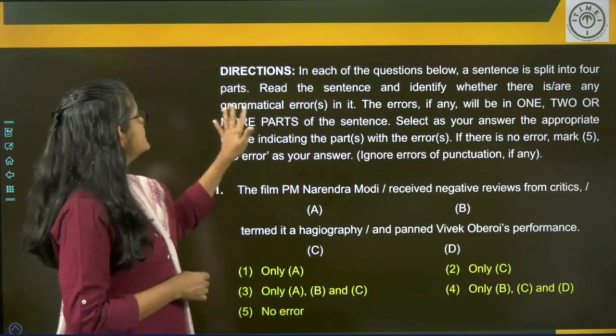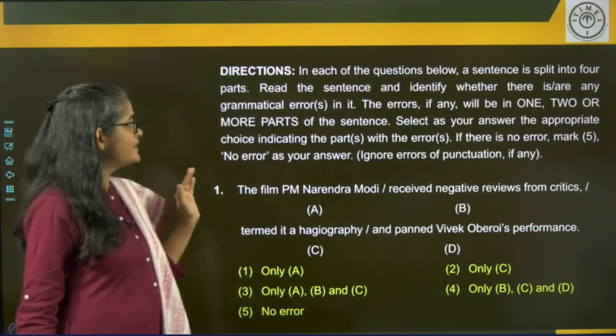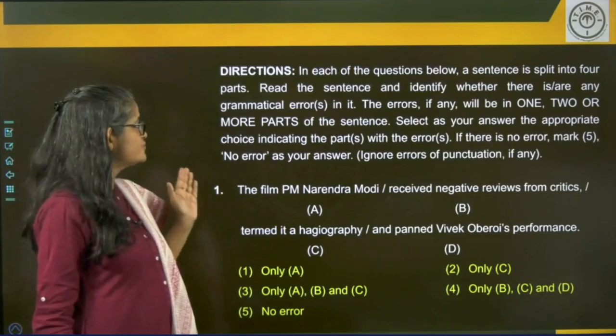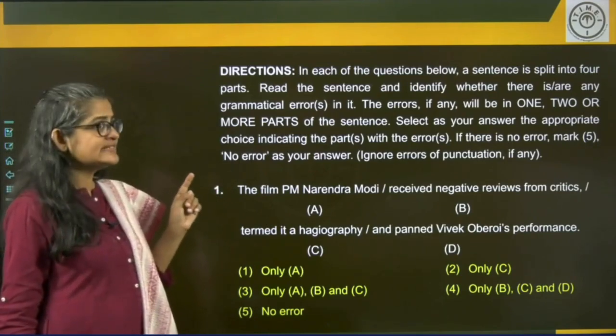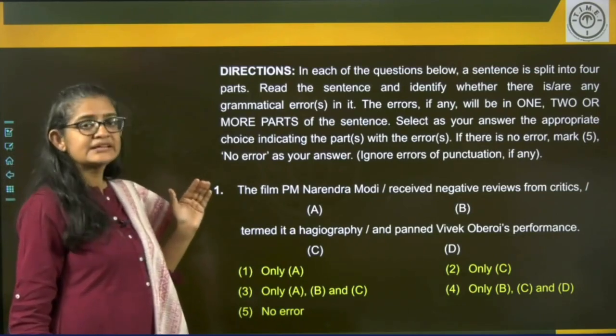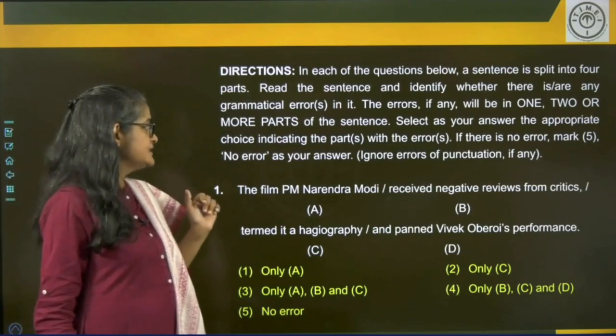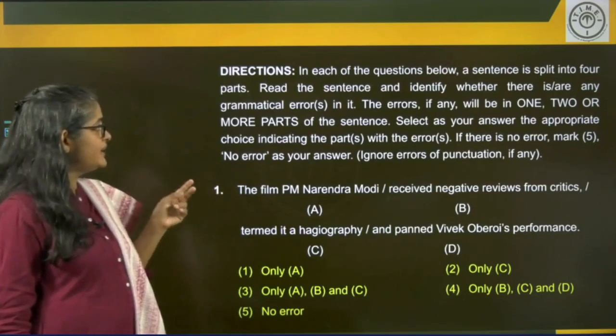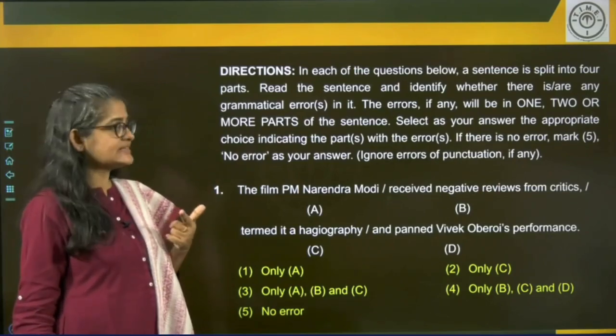Here the instructions are: in each of the questions below, a sentence is split into 4 parts. Read the sentence and identify whether there is or are any grammatical error or errors in it. The errors, if any, will be in 1, 2 or more parts of the sentence.